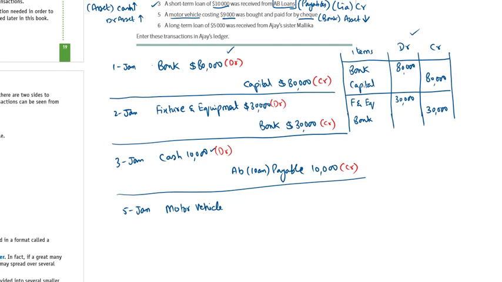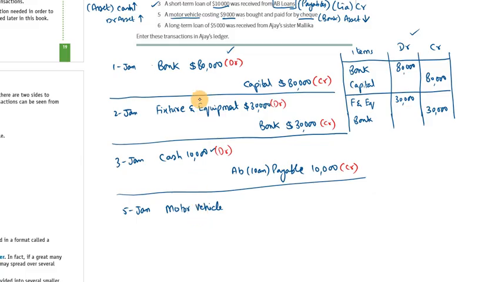Remember one thing: if the asset name is mentioned, we have to record the asset according to the asset name. Like here, we purchase fixture and equipment. I don't write asset, I write the asset name. So on 5th January we purchase a motor vehicle, so I record motor vehicle by its name, not just mention asset.